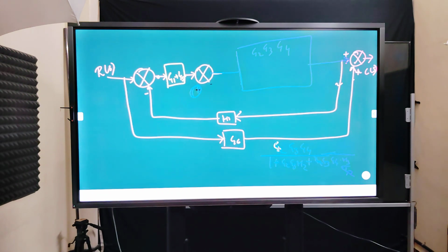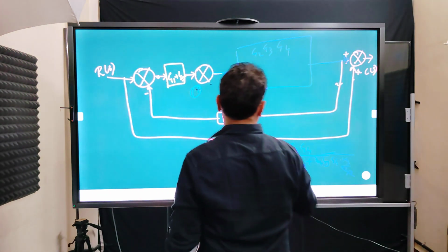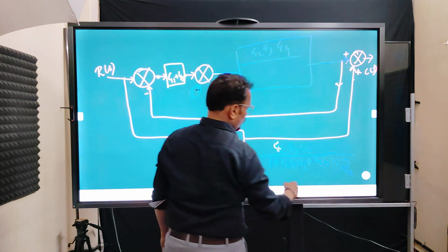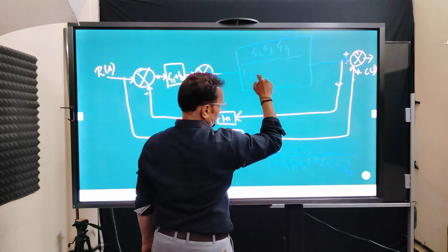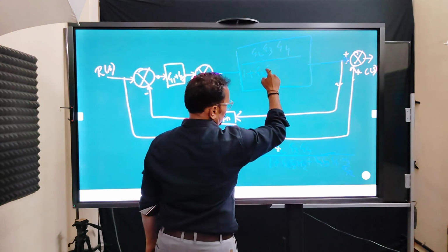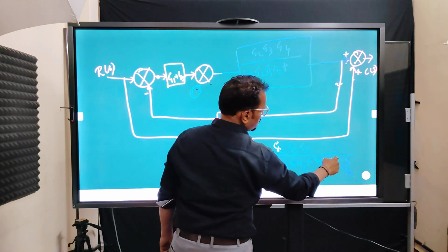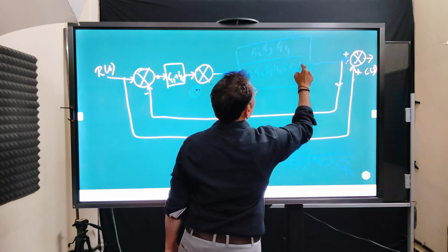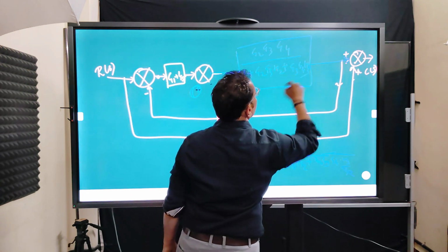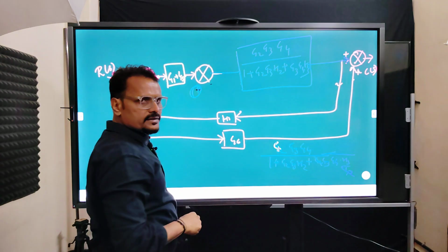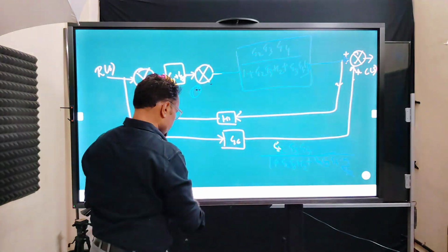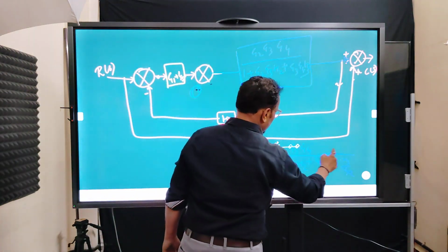Okay, it is visible. I'll not use this dark blue next time. 1 plus G2, G3, H2 plus G3, G4, H3. Got it? Understood this?